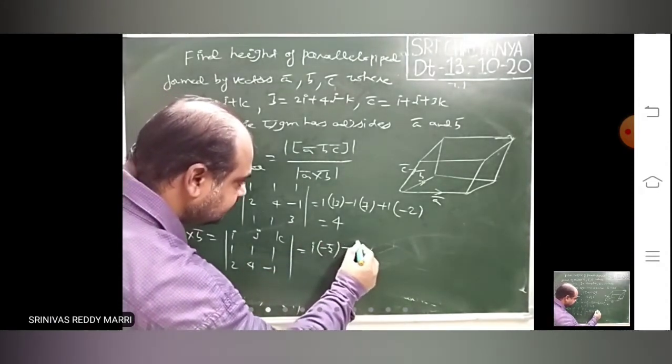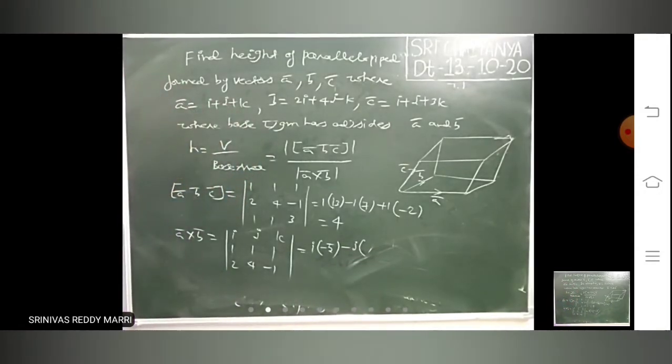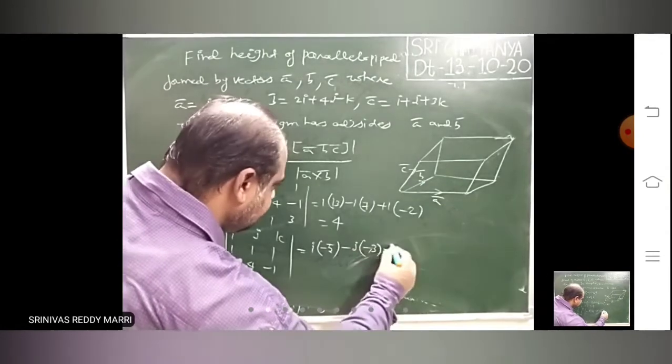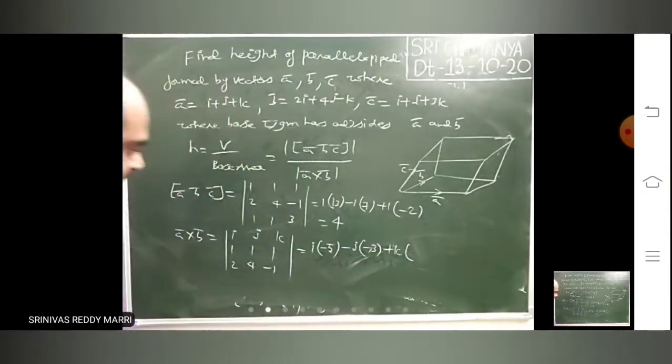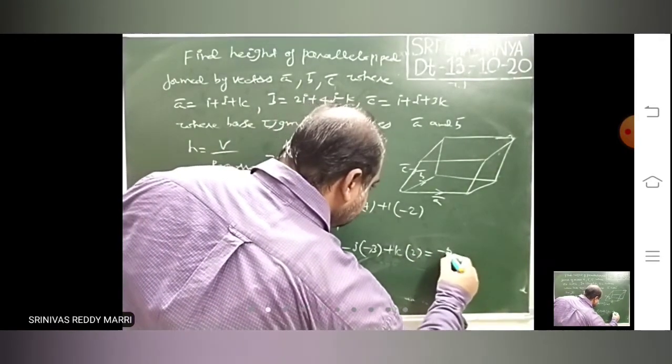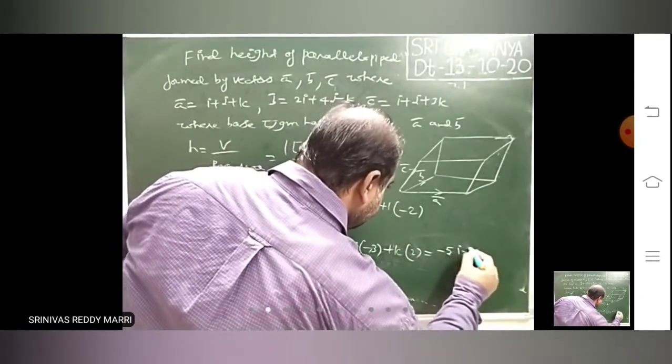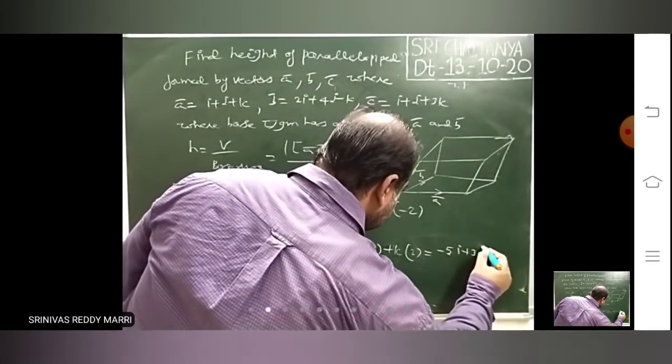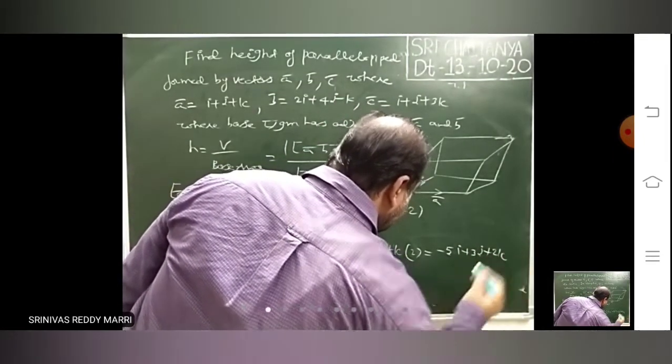So minus J into minus 1 minus 2, minus 3, plus K into 4 minus 2, 2. That means this is nothing but minus 5I plus 3J plus 2K.